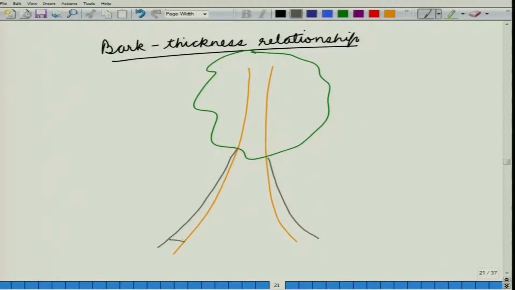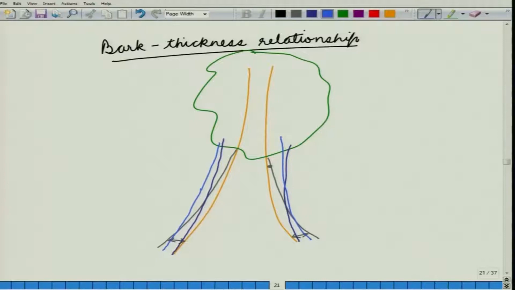In this case, at lower heights we would be having a greater thickness of bark as compared to the upper heights, or we might be having a situation that is just the reverse of it, that is, the lower portion has very less amount of bark and the amount of bark goes on increasing as we go up, or in a third situation the amount might be constant, in which your bark would make a parallel sheath as compared to the tree stem.